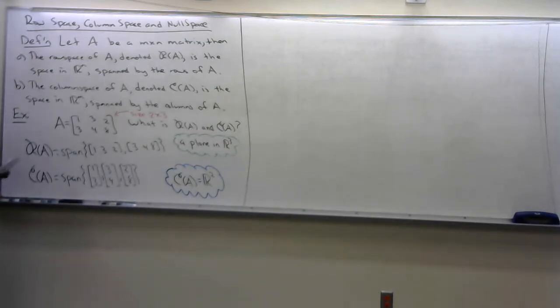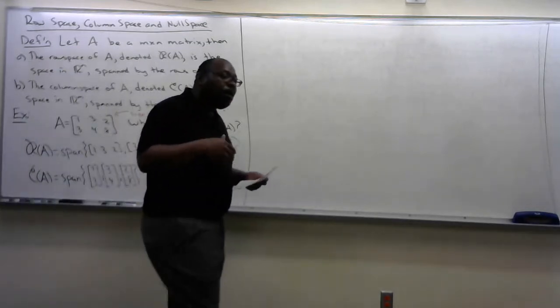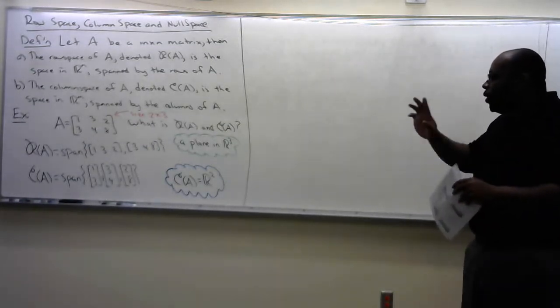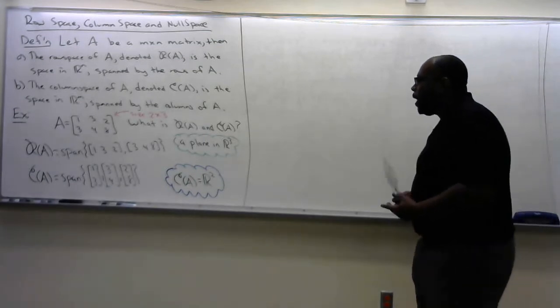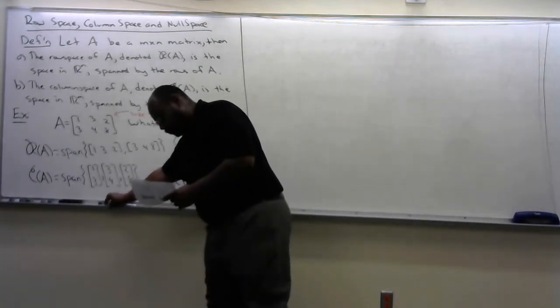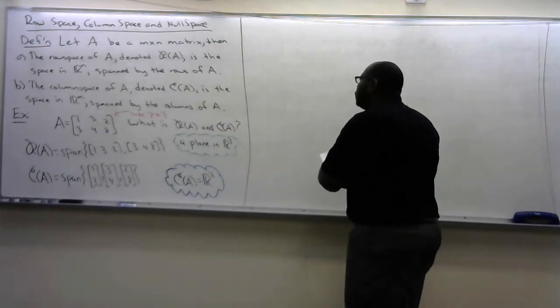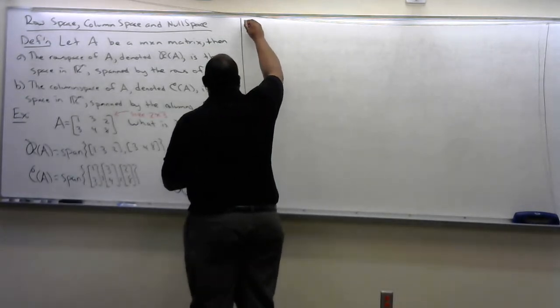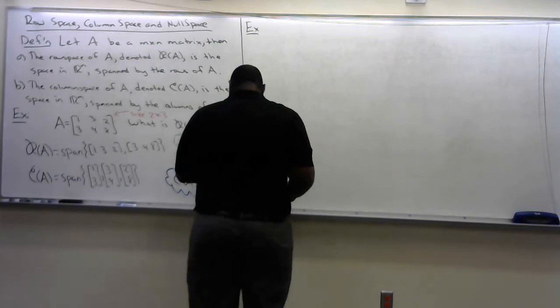But I want you to notice something. Well, before I talk about what I want you to notice, let's do one more example, and then I'll talk about something in general. I want to look at an example.